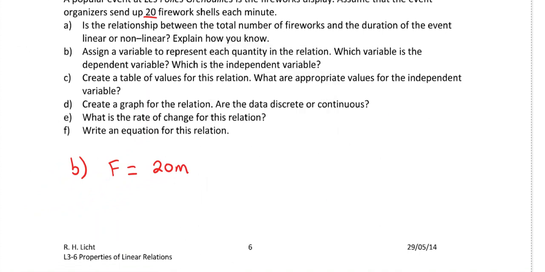And that should be good, right? That should be like our y is equal to mx plus b. But what would my b be? Zero, right? We started at 0. It'd be different if there was already some in the air, or like we had already fired some off. That would be where we started. But we didn't start off, so you could say that's plus 0. There you go. That's our equation for that one, right?